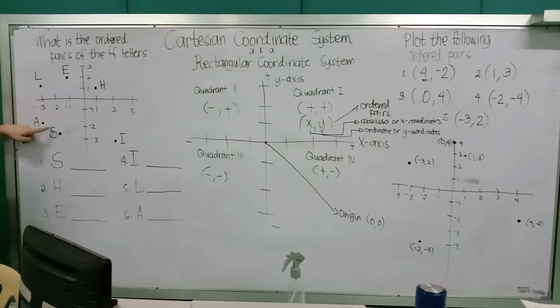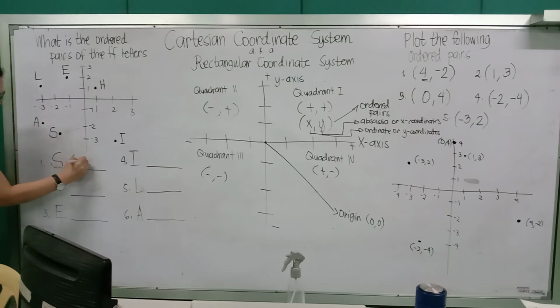So, ang X niya is negative 2 at ang Y niya is negative 3. Very good. So, we can say that we have an ordered pair which is negative 2 and negative 3.